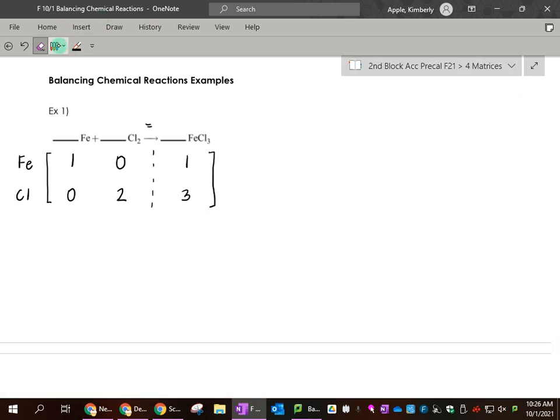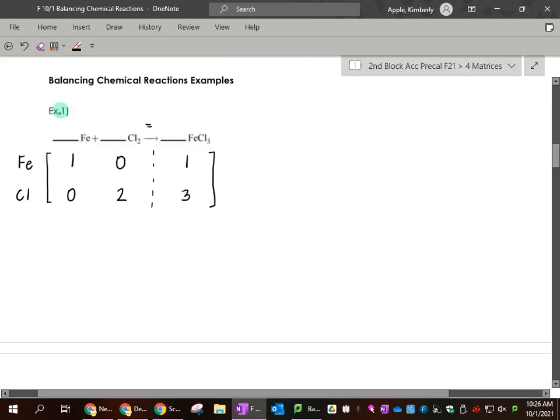Because as of right now, the variables I will define: the coefficient for the first reactant is A, the coefficient for the second reactant is B, and the coefficient for the product, in this case, would just be C. So that corresponds to the variables here. So actually the equation I have is 1A plus 0B equals 1C.